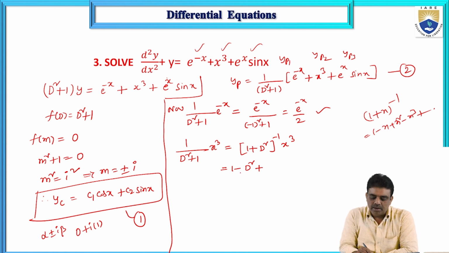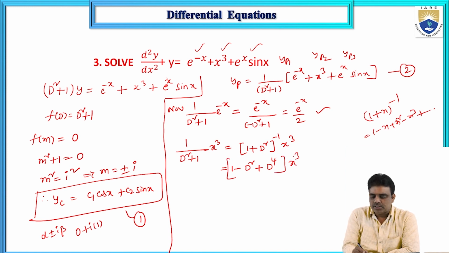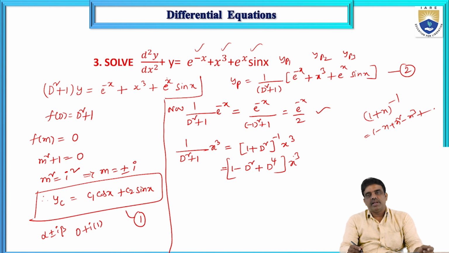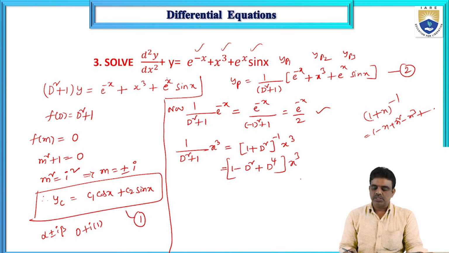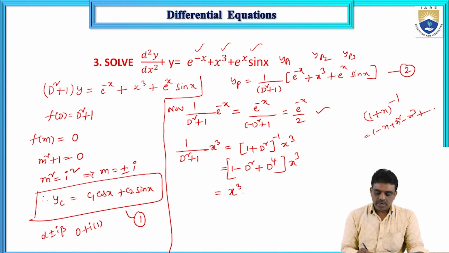So in expanding, 1 minus x means D square, plus x square means D power 4, and higher degree terms are not required for x cube. Higher degree terms, when operated on x cube, will get 0. Now 1 of x cube is x cube; D square of x cube means 2 times differentiation of x cube.